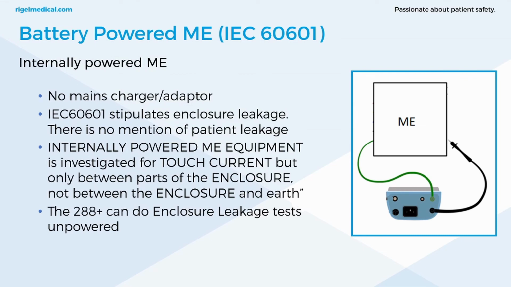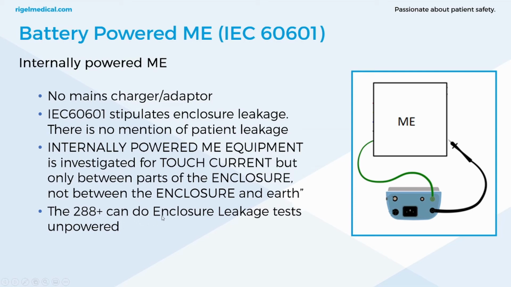Okay, again, externally powered medical electrical equipment is just tested as normal for IEC 60601. For internally powered medical electrical equipment, it stipulates enclosure leakage only. There is no mention of patient leakage. Internally powered medical electrical equipment is investigated for touch current, but only between parts of the enclosure, not between the enclosure and earth.